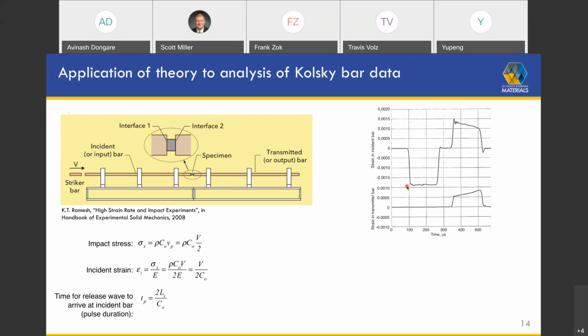And the main parameter you vary to change the strain rate is the striker bar velocity. And so you can measure the stress strain response at various strain rates, and from that, you immediately see the degree to which the material is rate sensitive.